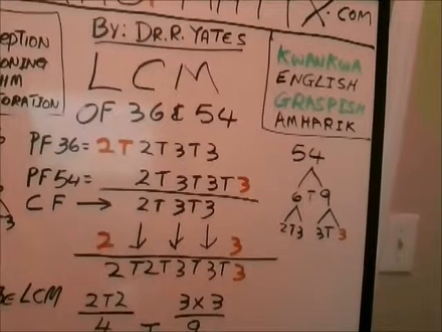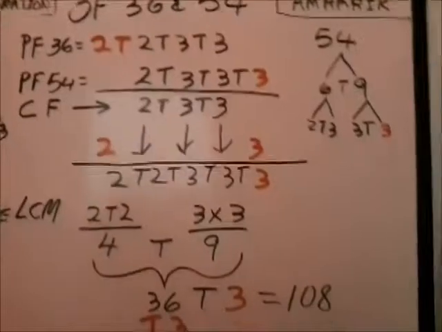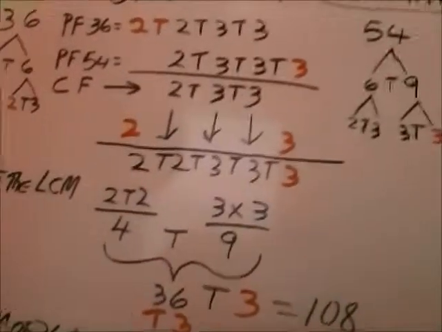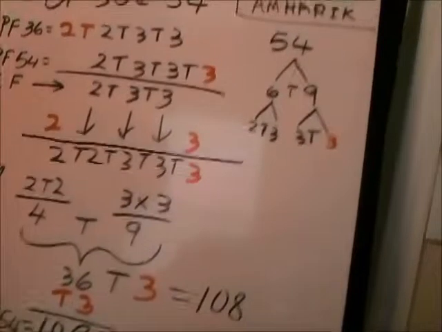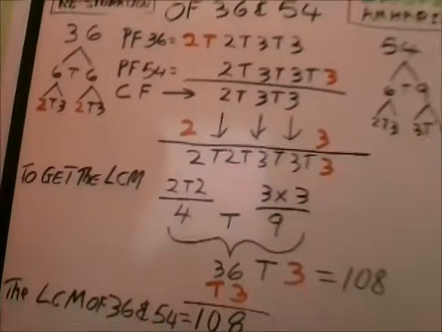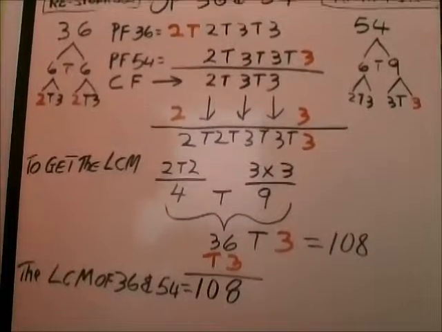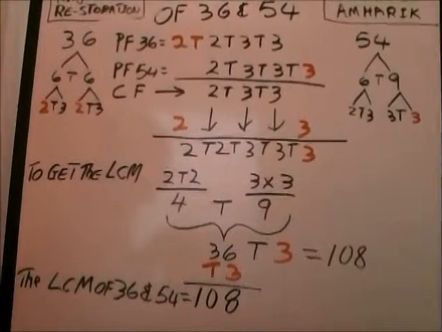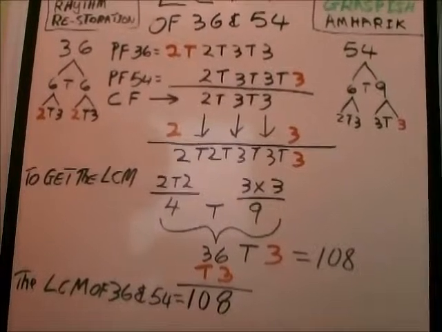Because now I'm looking for my LCM. Okay? I want to find out the LCM. Now, to get to the LCM, one of the very effective ways is that I put 2 times 2 over 4.